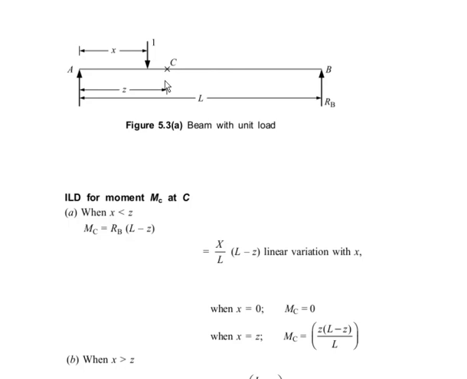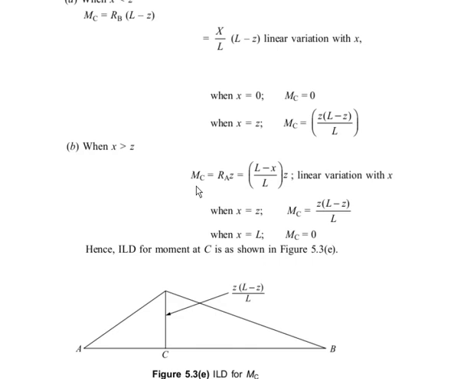You can easily take the moment at C from the left side, because there is only one force to consider, RA. So RA into z is the moment at C when x is greater than z.